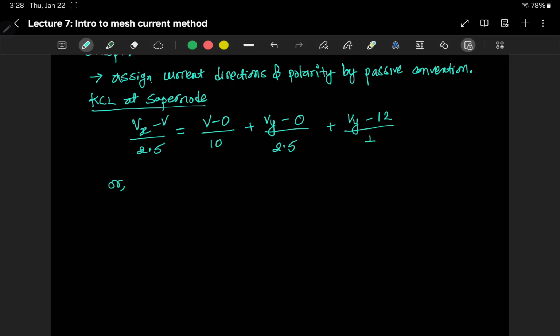So if we simplify this, you will get minus 4Vx plus 5V plus 14Vy equals 120. So let us call this equation 1.